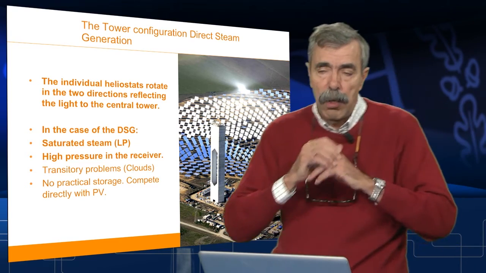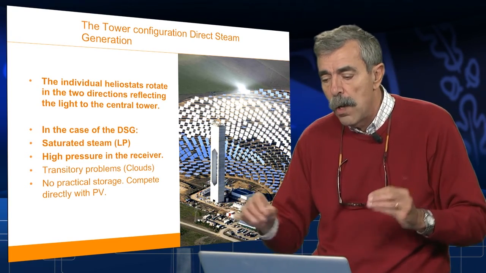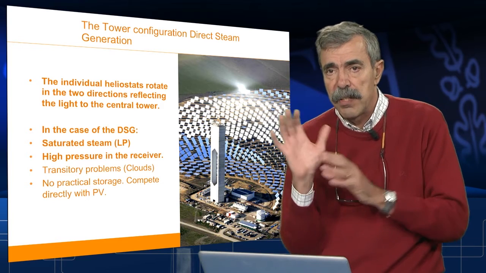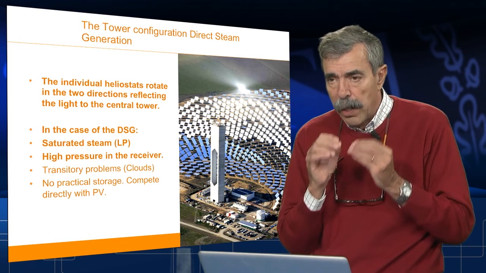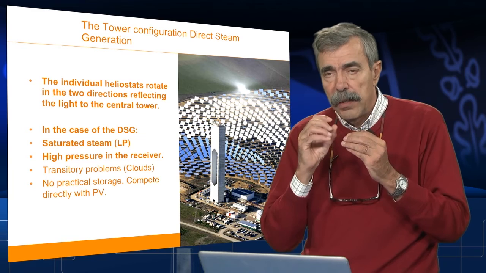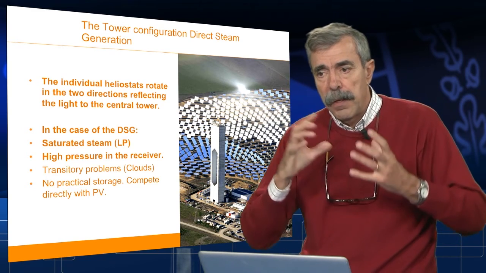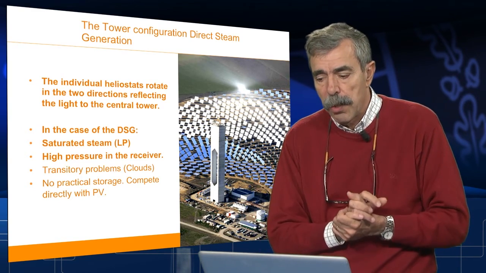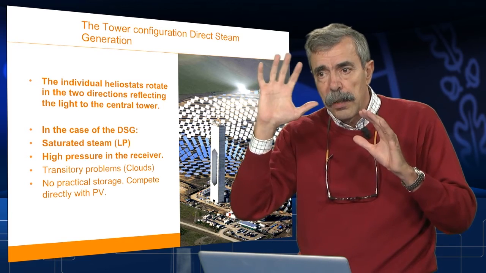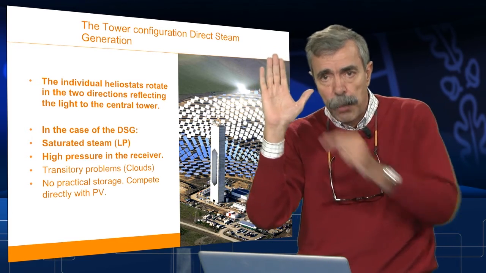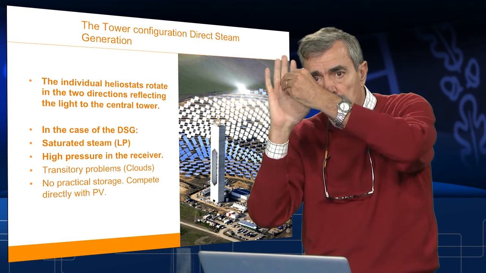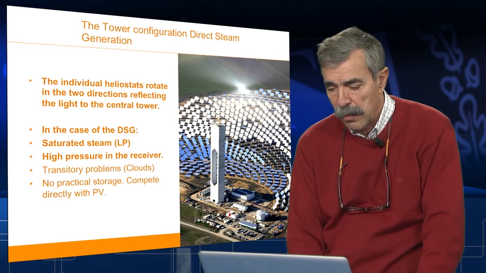So in the whole solar field there will be no two heliostats having the same angle. Each one has to have a different mathematical law or something to do the job, I mean, to adopt the right angle to reflect the light on the target.